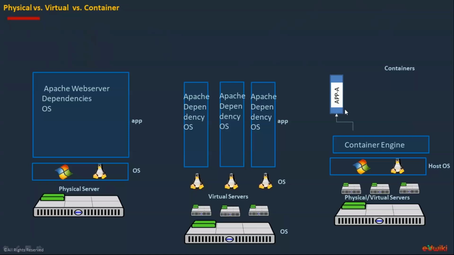In this case, you can see that I have a container running one application. I can have one more container running another application, and so on. You can create as many containers as you want to run your applications, and the container engine is the responsible guy to take care of creating the containers like this and running the applications.